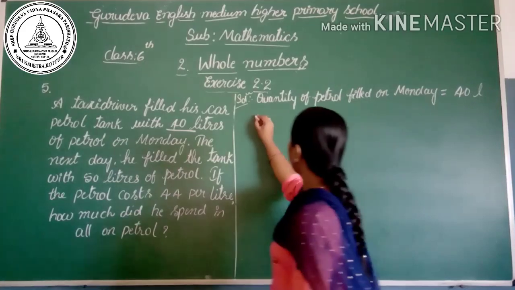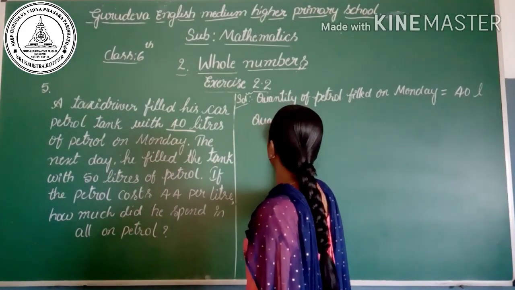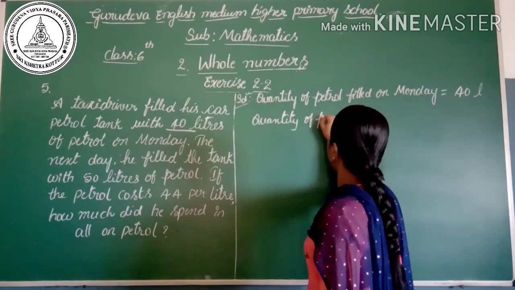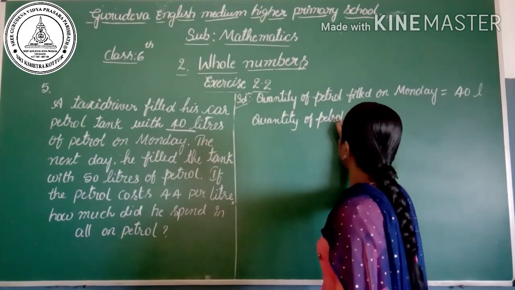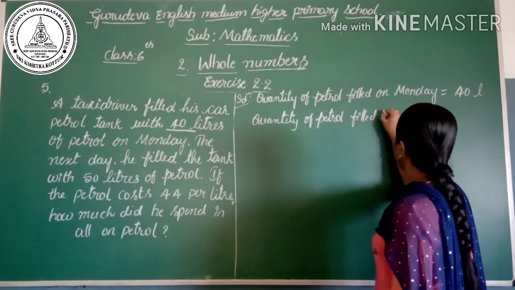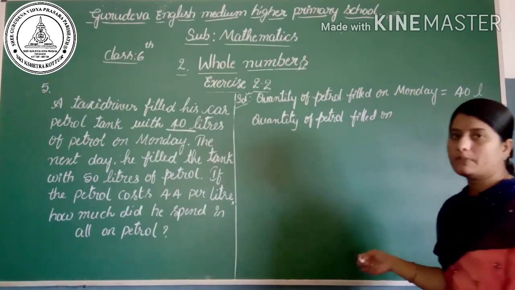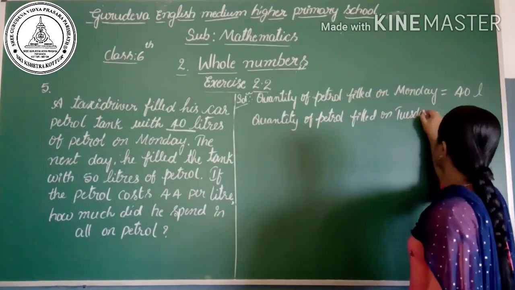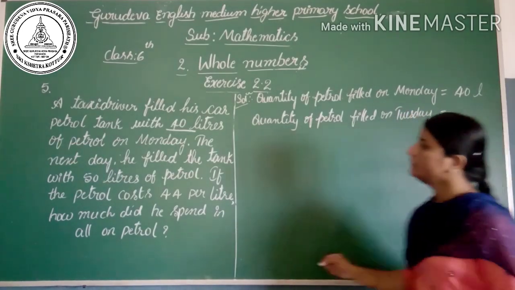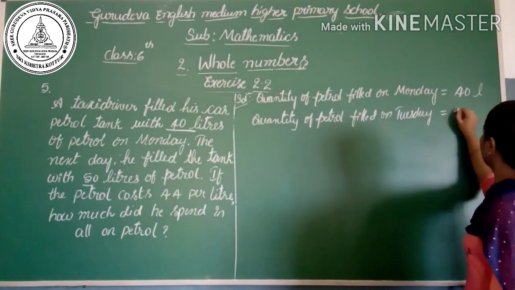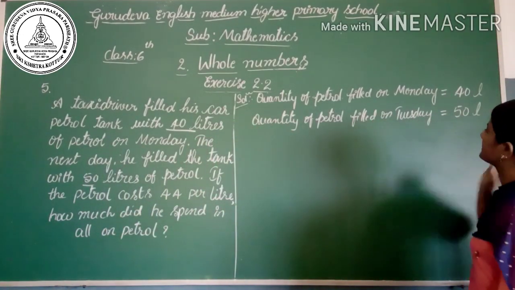Similarly, quantity of petrol filled on the next day, that is Tuesday, which is equals to 50 liters.